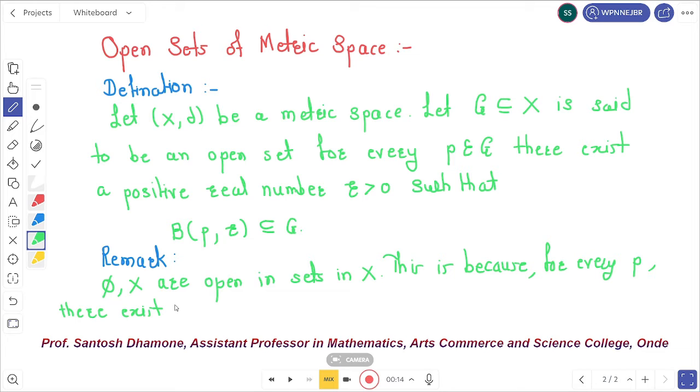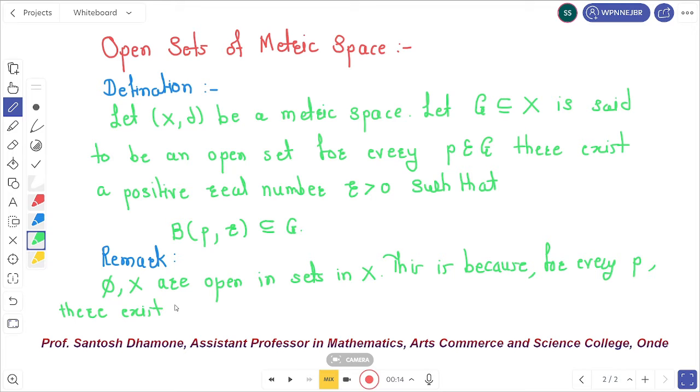Thus, every metric space has two open subsets: the empty set phi and the whole set X. Okay.